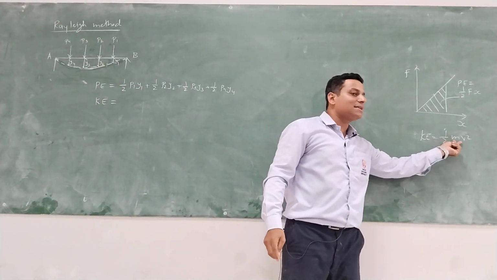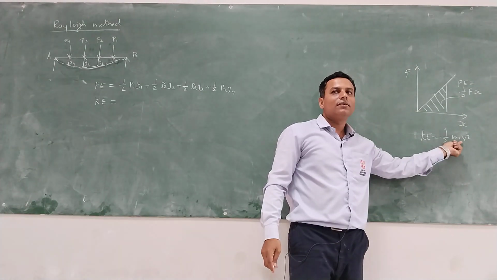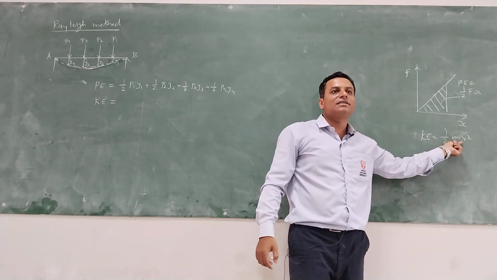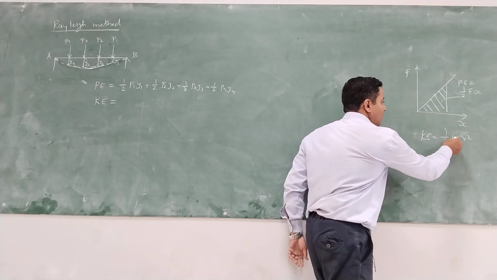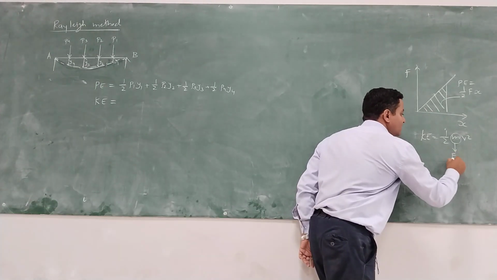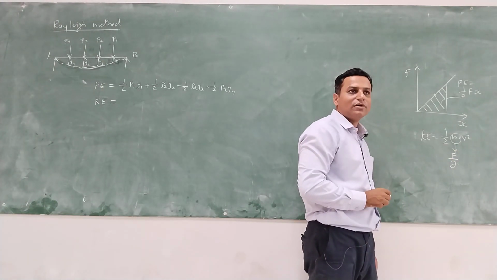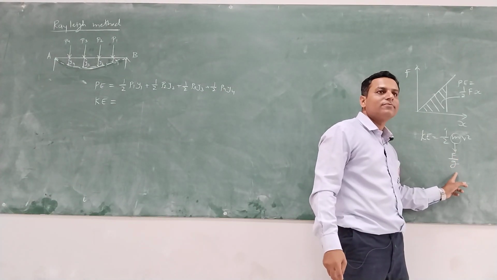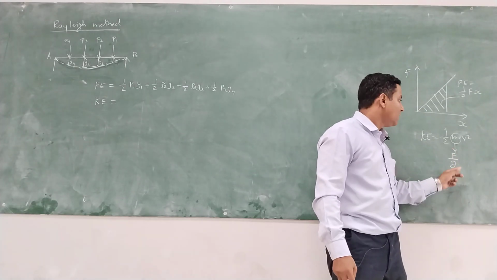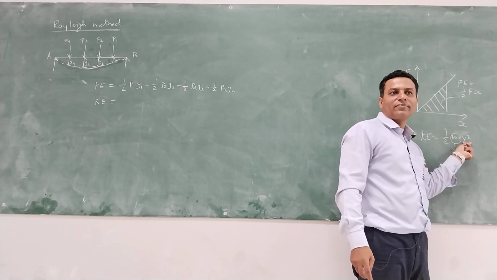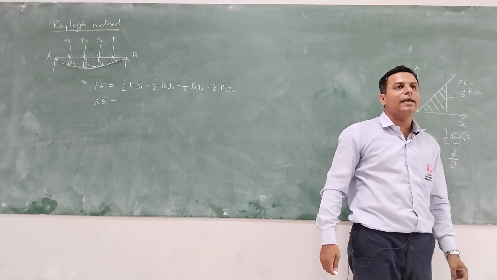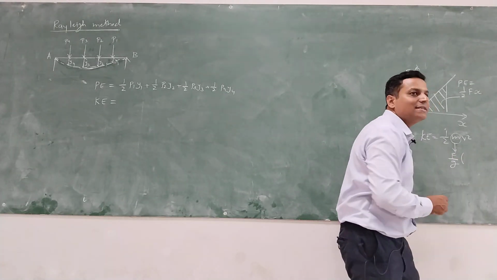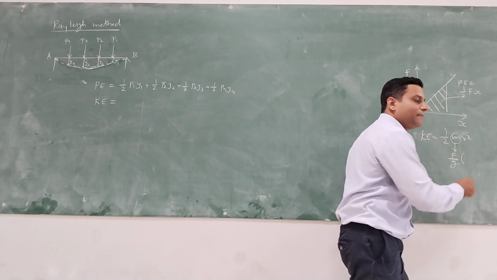If I want the mass, I will have to divide that force by g, the gravitational acceleration. So the mass will be force divided by gravitational acceleration. For mass 1 it will be P1 by g, for mass 2, P2 by g. Now, what is the velocity? Here we don't know the velocity, but we can determine it by using one formula: V is equal to R into omega.